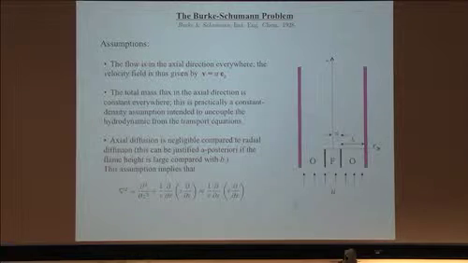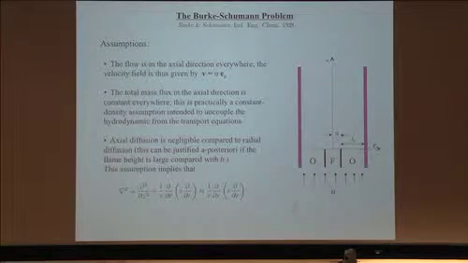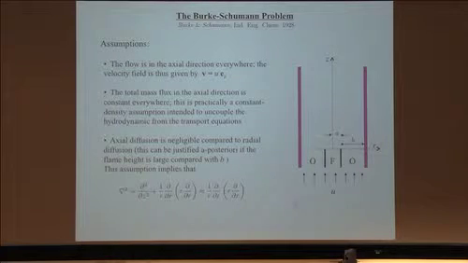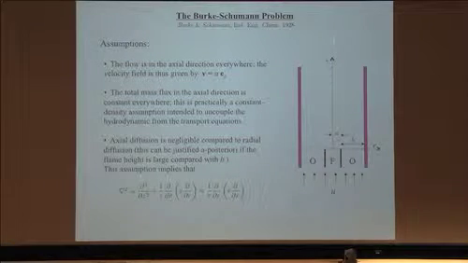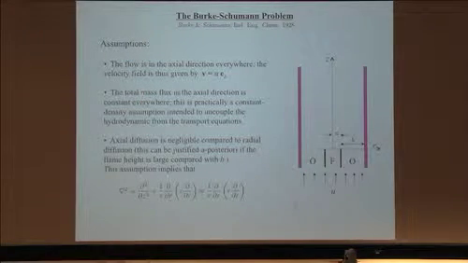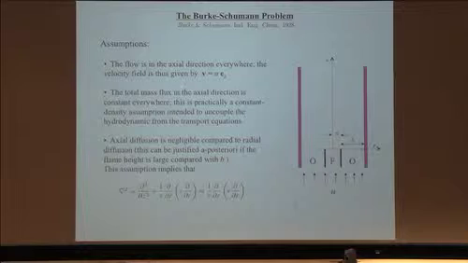What Burke and Schumann have assumed is that the flow coming here is the same. In other words, the fuel and oxidizer come at the same velocity, or the flow rate is constant. And they further assume that the flow is in the axial direction, and that the total mass flux, which is essentially the velocity multiplied by the density, is constant, remains unchanged.